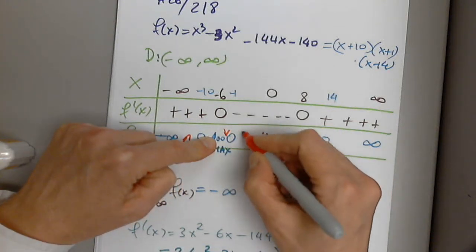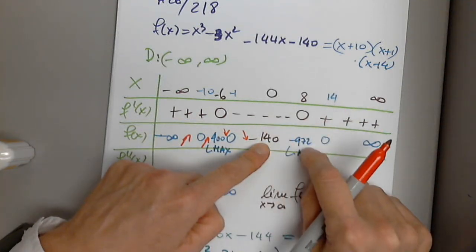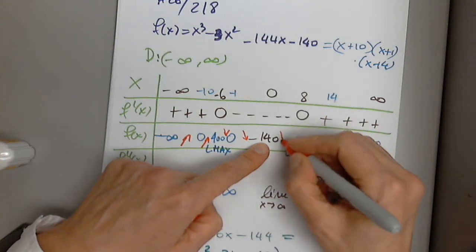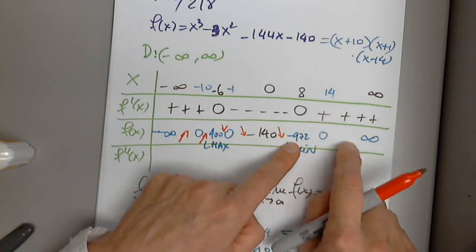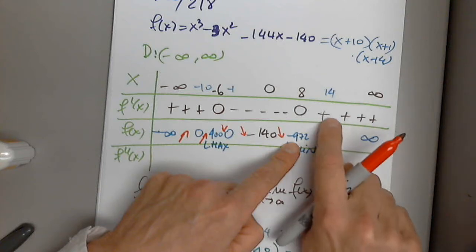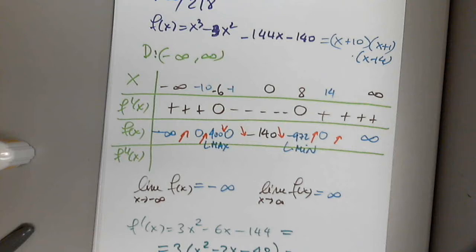Decreases. It's supported by the sign. Between -140 and -972. Decreases. Supported by the sign of the first derivative. Between -972 and then to infinity, what does the function do? Increases. Is that supported by the sign of the first derivative? Yes. So far, so good.